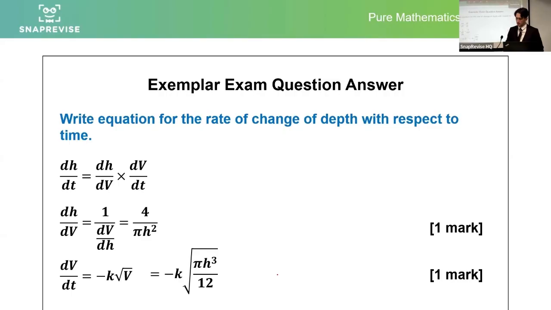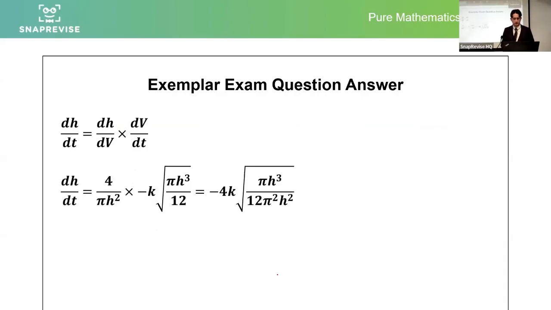Okay. So let's have a little check. So dH/dt will be dH/dV, which we've just worked out, times minus k lots of dV/dt. Remember, dV/dt was proportional to root V, which we've put in.